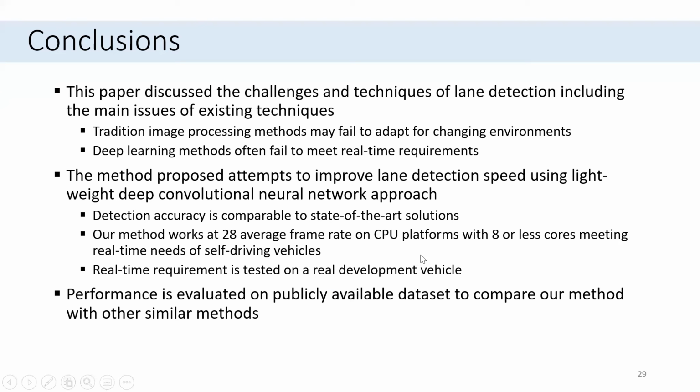And our detector can run at 28 frames per second on CPU platforms with up to 8 cores, which is enough for the real-time needs of autonomous vehicles. In fact, our detector is tested on our test vehicle, a Chevy Bolt electric vehicle provided by GM. It's integrated with other software modules, and it proved that it actually works in real time.